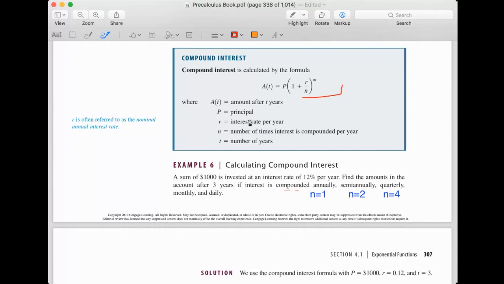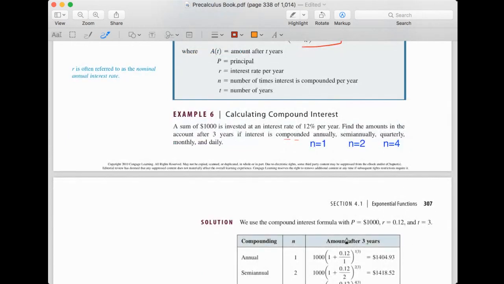R is the annual interest rate, 12% here. T represents the number of years. P is the principal, the money we put into the account. A means the amount of money after T years.